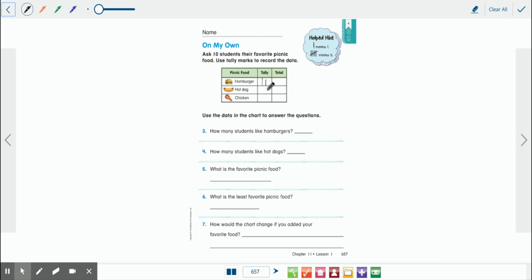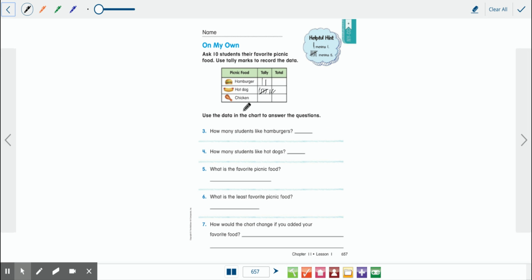Let's have 8 tallies for hot dogs. If I can fit them all in here. 4, 5, I draw that line across. 6, 7, 8.